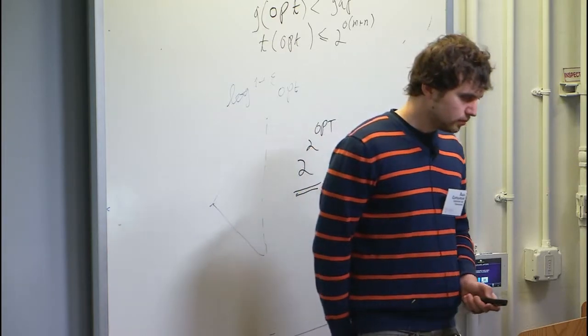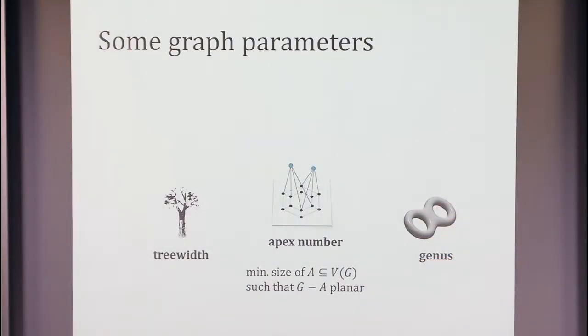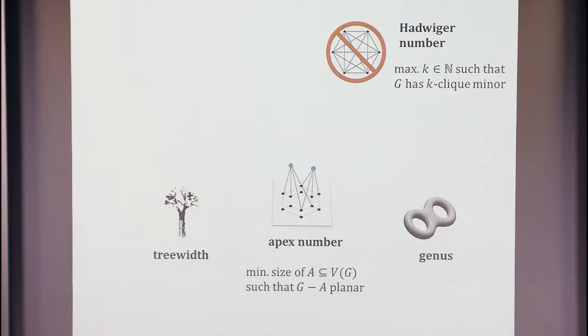Another parameter that is always nice to study is, of course, the treewidth. All of these parameters are subsumed by a more general parameter, which is called the Hadwiger number. The Hadwiger number of a graph is just the maximum number k, such that your graph G has a k-clique minor. If this number is bounded, then you exclude some graph as a minor.